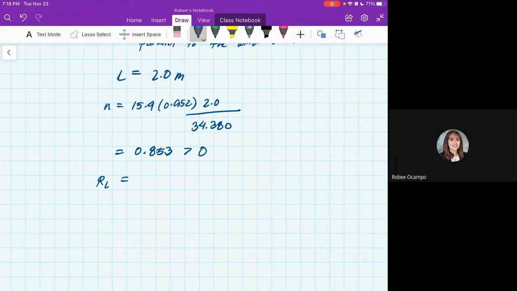So, hindi equal to 1 ang ating value for RL.